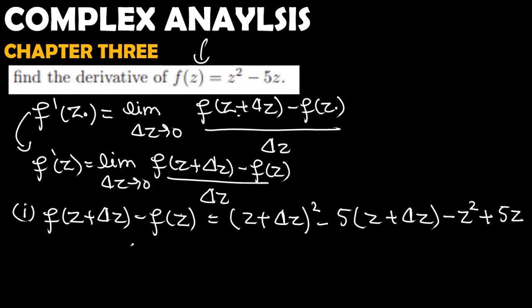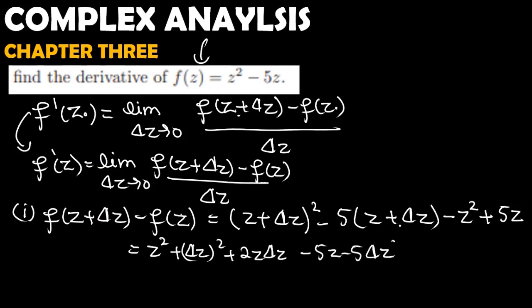Now we open the square of z plus delta z, where it becomes z square plus 2z delta z plus delta z whole square, minus 5z minus 5 delta z, minus z square plus 5z. There is a lot of cancelling here. Minus z square cancels with plus z square, and plus 5z cancels with minus 5z.